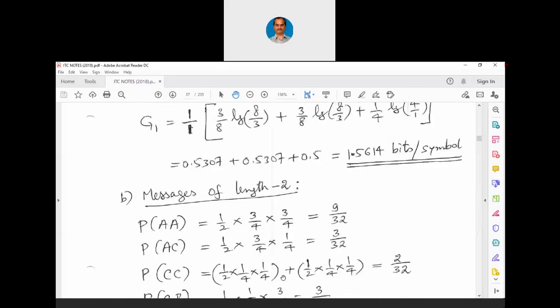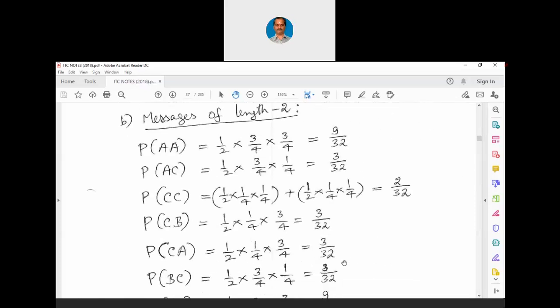Similarly, let us compute messages of length 2. P of AA from the tree diagram. I will not go back to the tree diagram now. You can refer to it again later on. I have anyhow uploaded these notes in the Google class. You can all download it and go through the notes for your reference.